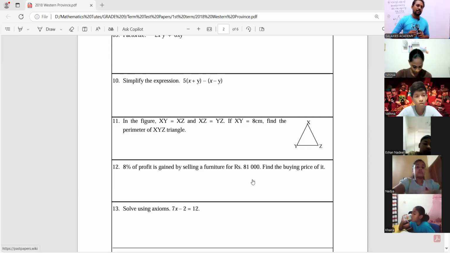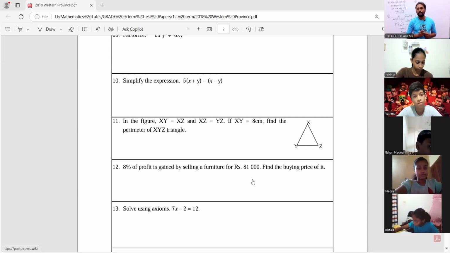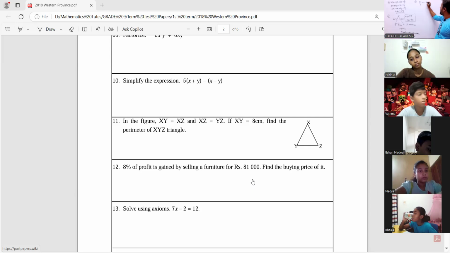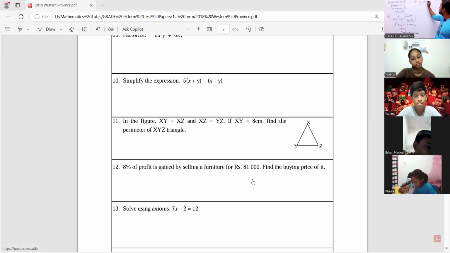Right. This question given selling price and the profit percentage, you have to find the buying price. Right? Buying price not given. Profit percentage given 8%. Also the selling price given as 81,000 rupees. Then you have to find the buying price.